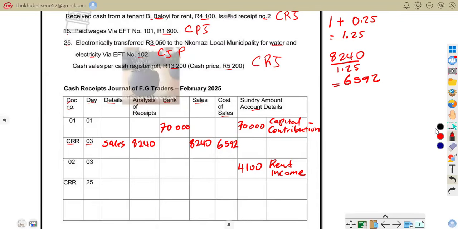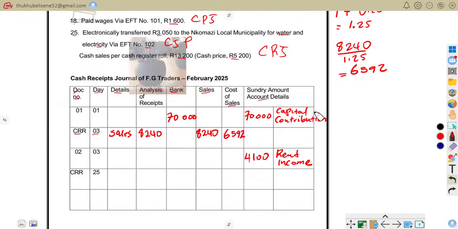Now we come to the 25th. As we can see now, on the 25th, it says cash sales per cash register roll is 13,200. That is on the 25th. And then we're going to have what details? We have sales.